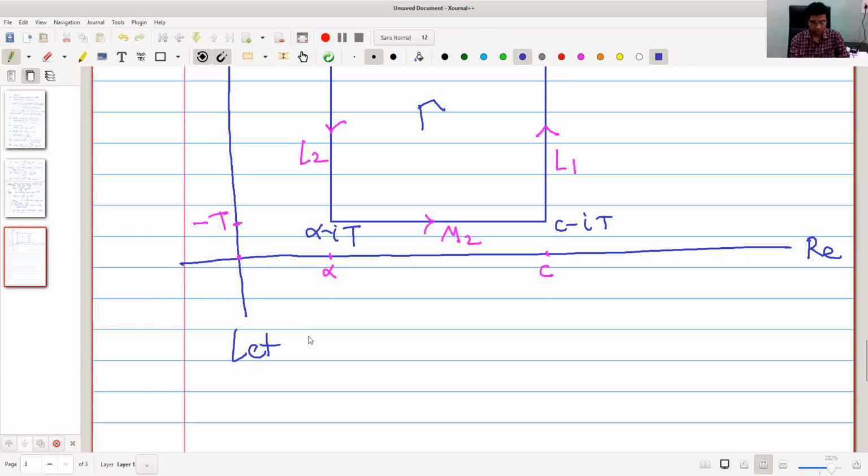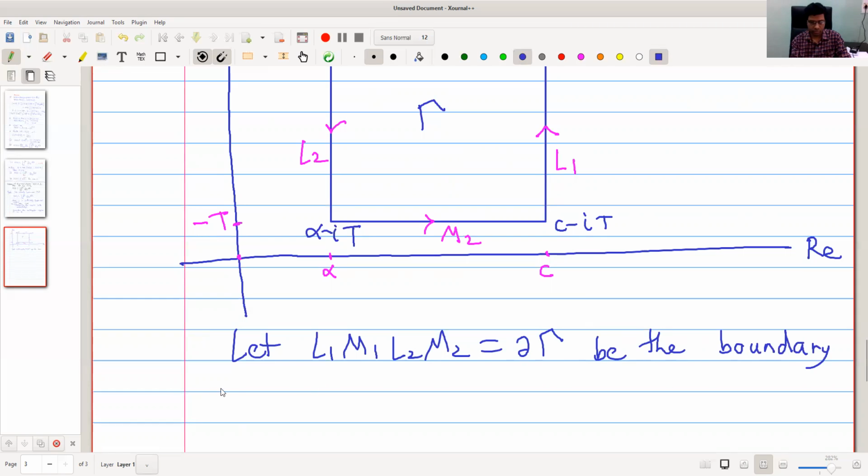Let L1, M1, L2, M2 be del gamma. Del is the symbol used to denote the boundary of a region. So this del gamma is the boundary of gamma in the direction indicated, that is anti-clockwise.